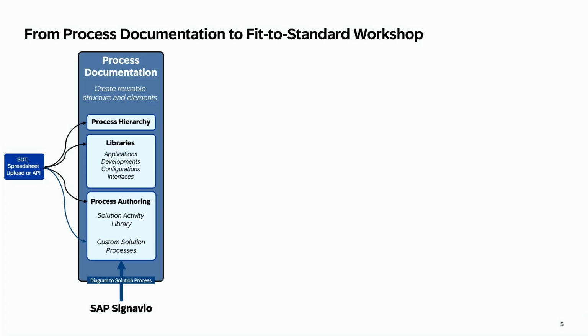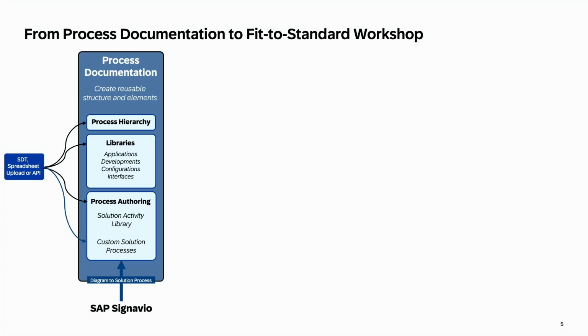And for that, you're using the selective data transfer if you have your process data in Solution Manager, or you can use our standard integration with SAP Signavio to bring diagrams into Cloud ALM, or you can use our APIs and the Excel uploads for process management. But you can also create directly from scratch all these different entities, or you can use the SAP best practices and adapt the SAP best practices to your needs.